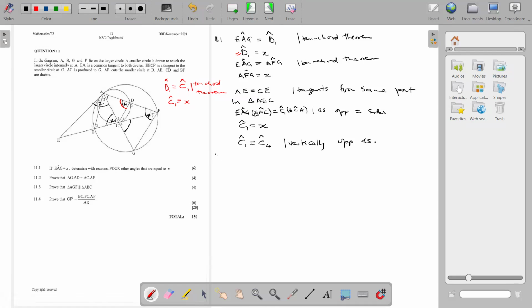So we are now on question 11.2. It says prove that AG times AD is equal to AC times AF. When we see these types of questions, we have to think in terms of either proportionality theorem or similarity theorem.